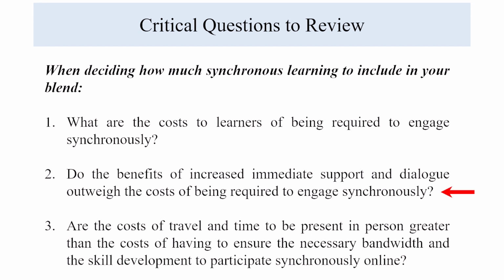Do the benefits of increased immediate support and dialogue outweigh the cost of being required to engage synchronously? Which is the extrapolated question of the first one. And are the costs of travel and time to be present in person greater than the costs of having to ensure the necessary bandwidth and the skill development to participate synchronously online?